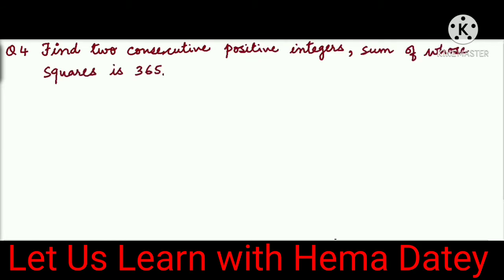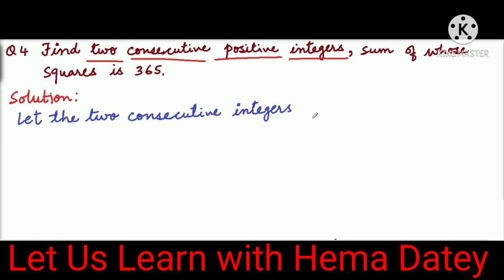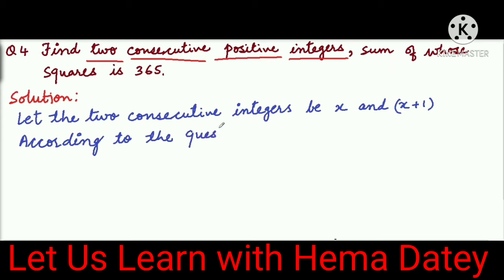Question 4. Find two consecutive positive integers, sum of whose squares is 365. Let the two consecutive positive integers be x and x plus 1. Now according to the question, sum of whose squares is 365.